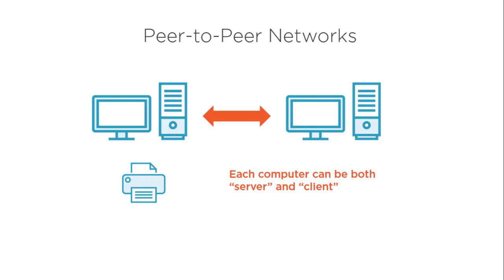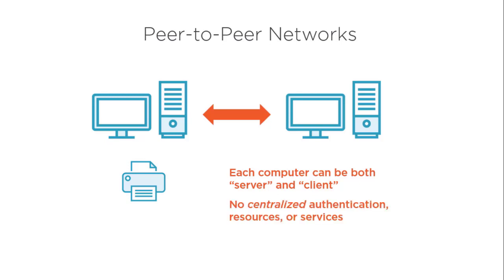This type of model in which there is no centralized management is called a peer-to-peer network. It is used in small networks of fewer than 10 nodes, or in our home network. So each computer can serve as both a client and a server.